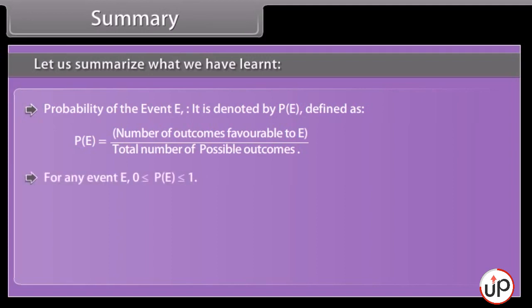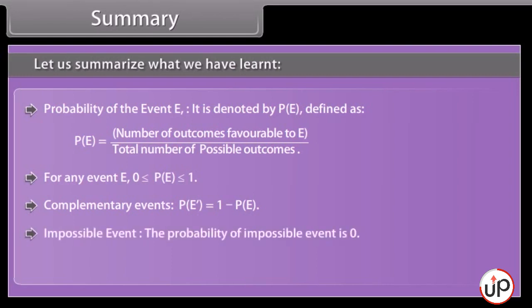For any event E, 0 is less than or equal to P(E), which is less than or equal to 1. Complementary events: P(not E) is equal to 1 minus P(E). Impossible event: the probability of an impossible event is 0. Sure event: the probability of a sure event is 1.